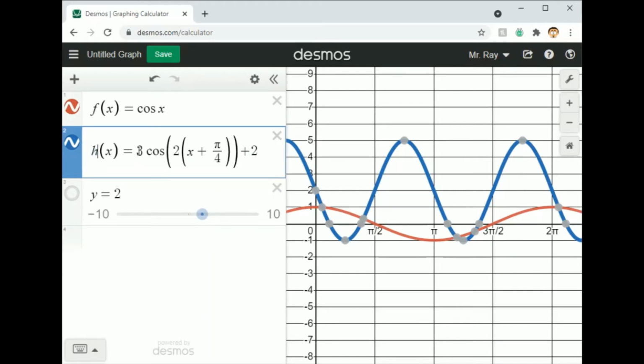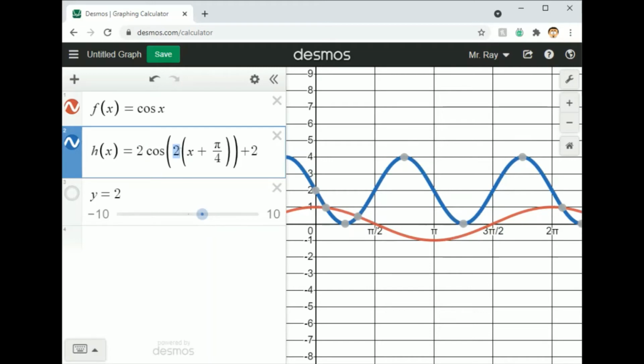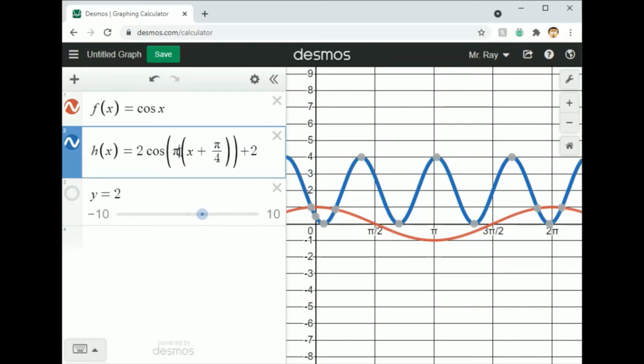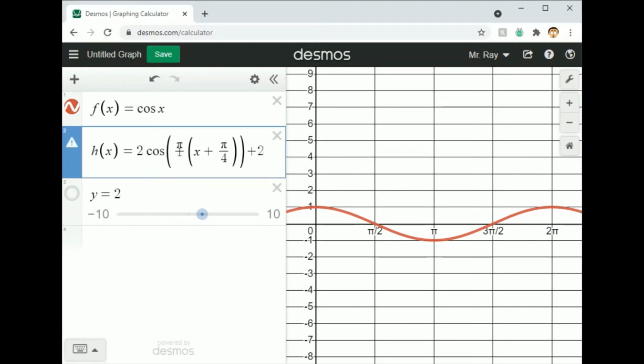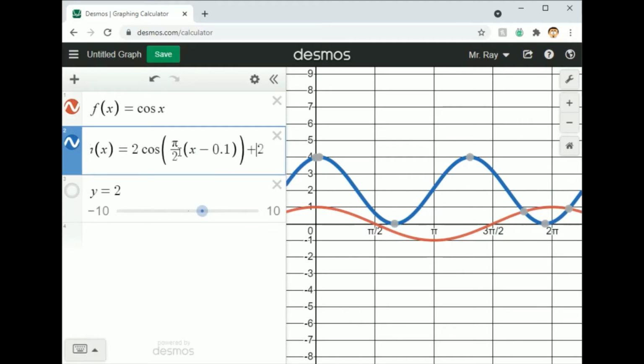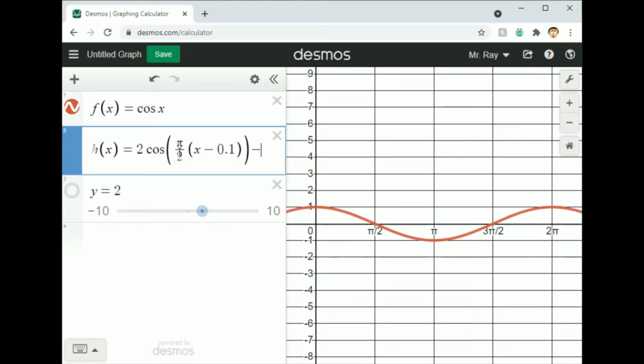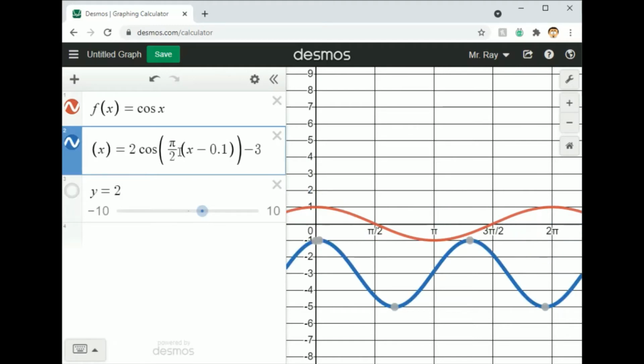So h at x equals 2 cos of pi over 2 times x minus 0.1, plus, or sorry, minus 3. Is that right?